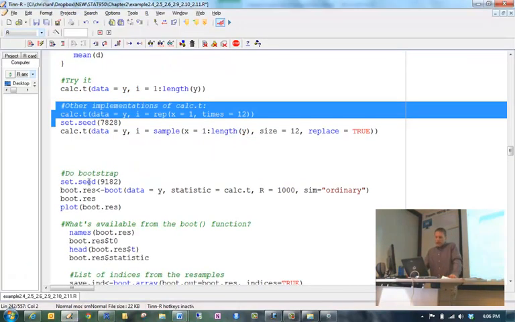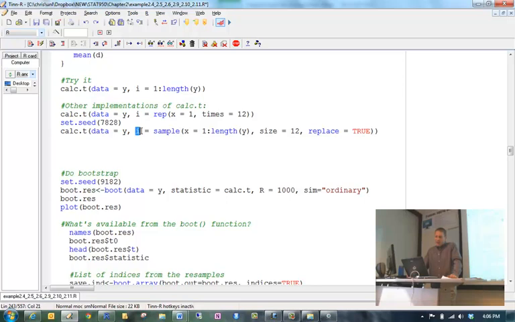But when we actually do this in terms of resampling, the i argument comes about through using the sample function, which we looked at the first or second day of class. So we can say sample, and the first argument x is just 1 to n, so 1, 2, 3, all the way up to n, those integers. Sample size of 12, because that's what my n is. And then replace equals TRUE.